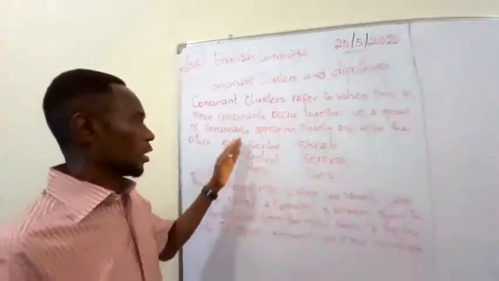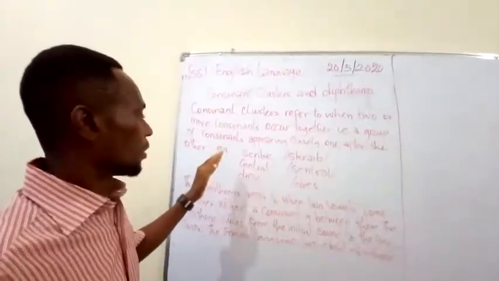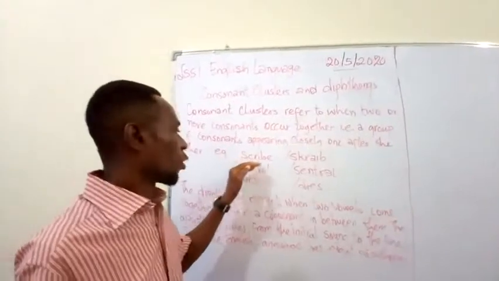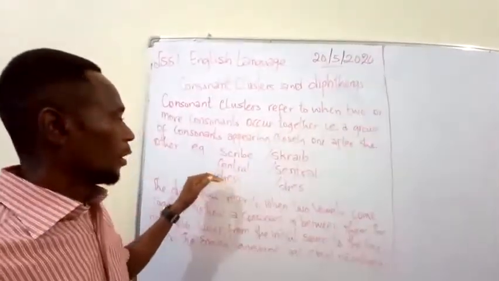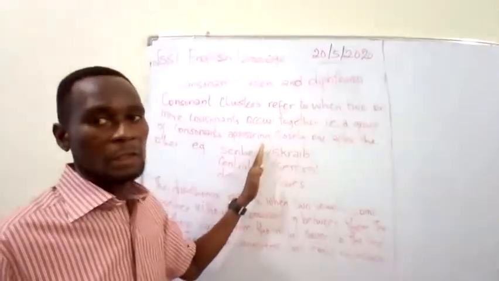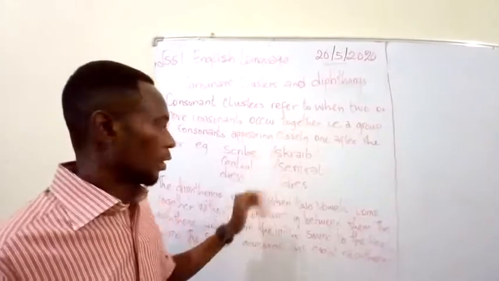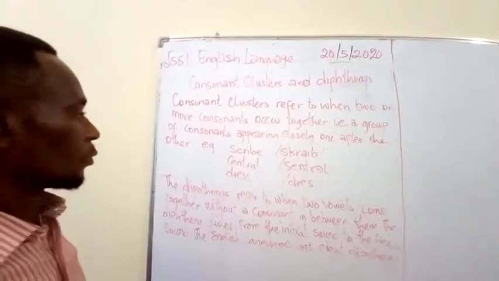Now, we're going to take these 3 examples so that you will know where we're going: scribe, central, and dress. We're not going to work with the spelling, but with the sound, so that you will now see the clustering of the consonants there.